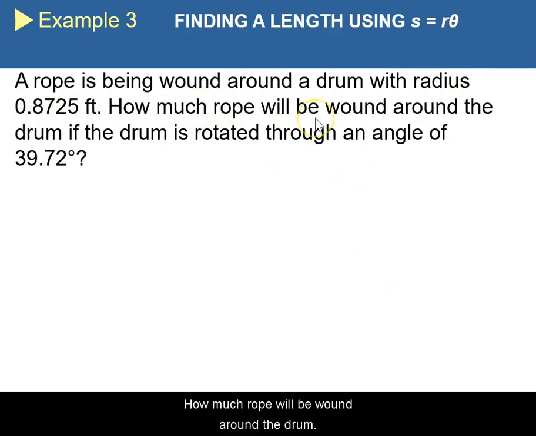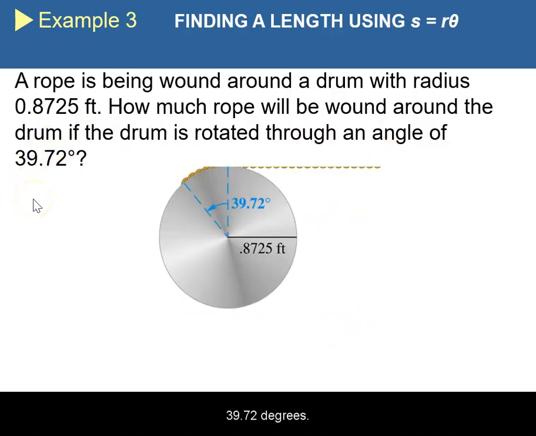How much rope will be wound around the drum if the drum is then rotated around its center by 39.72 degrees? So I put the rope on, and then I rotate the drum a little bit, and I want to know how much rope has been wound around this drum, just this small portion here.